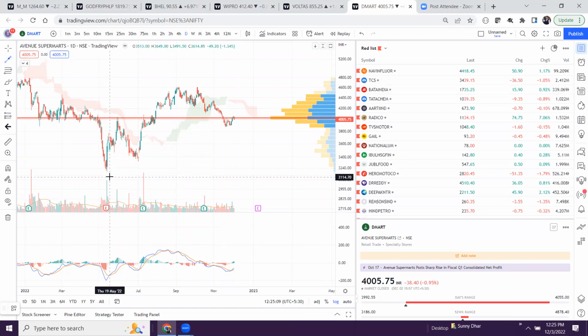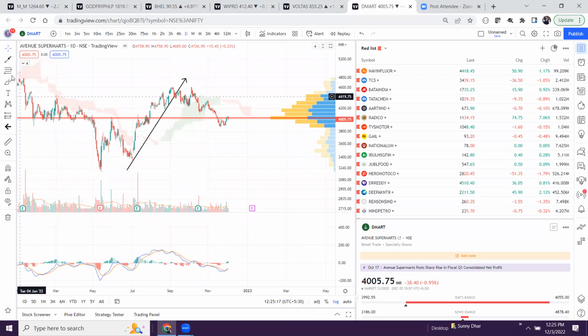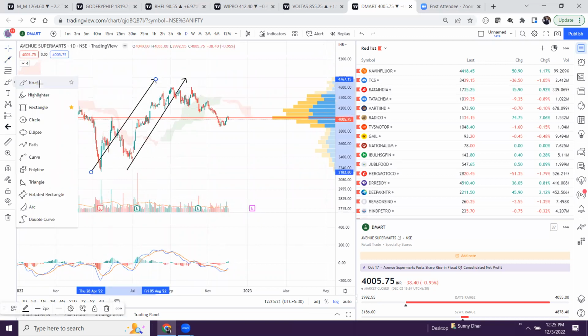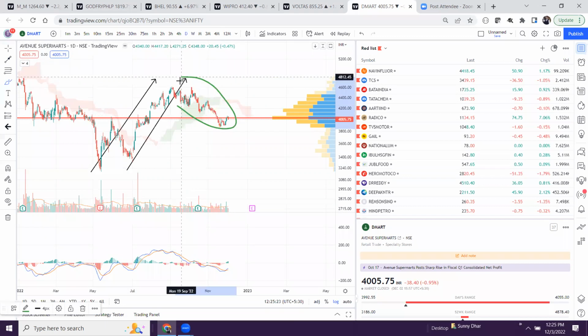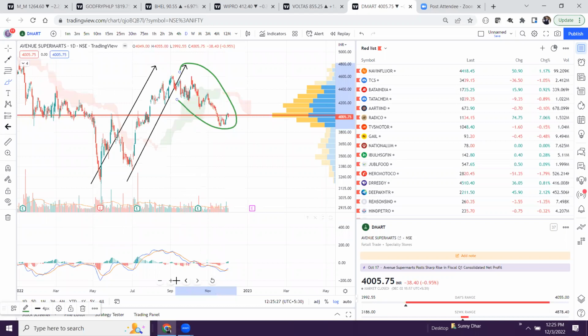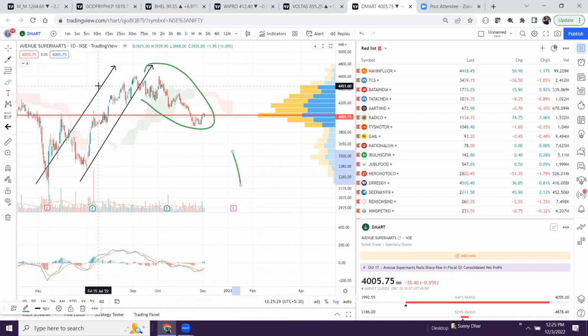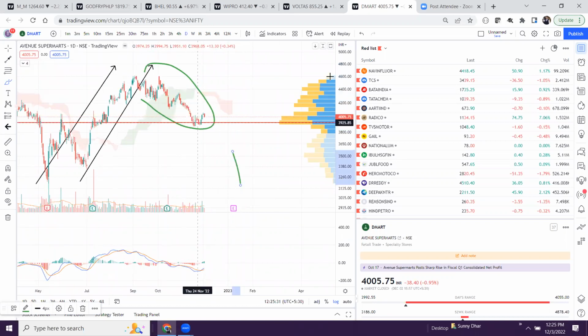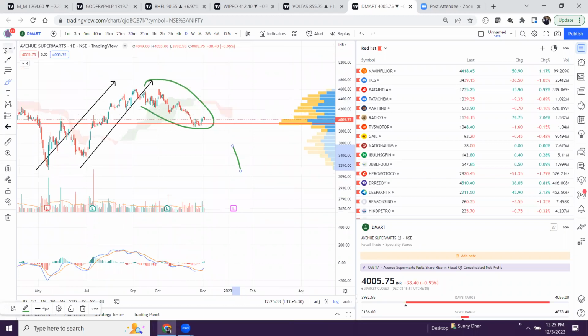So see, this is one move, and this is also one move. If this is an impulse, then what is this? This is the three-wave correction. Now for every impulse, if we get a correction, what are we expecting? Another run up, another impulse.